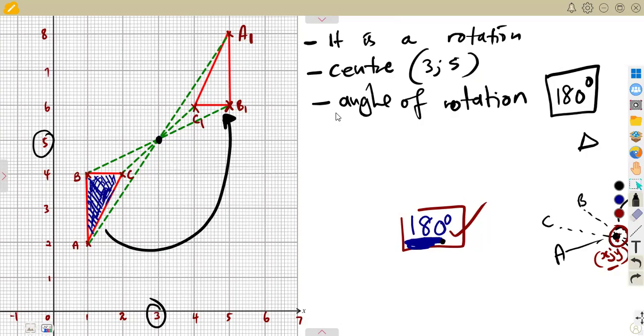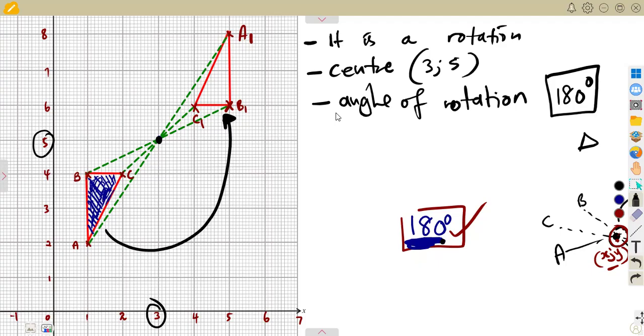So this marks the end of our isometries in terms of describing. Remember, like what we had under translation and reflection, there were questions where you were asked to draw the image given the type of transformation and the condition, like being given the translation vector for a translation, or a mirror line for a reflection.